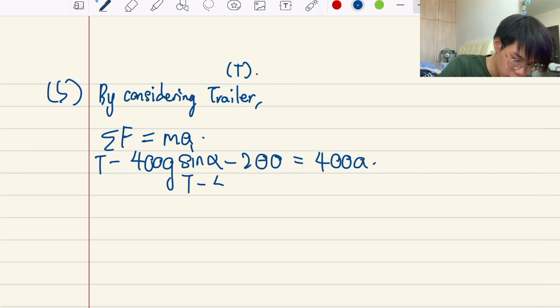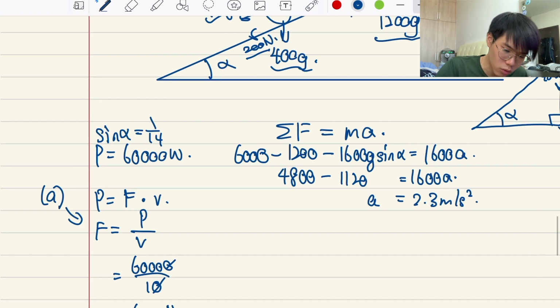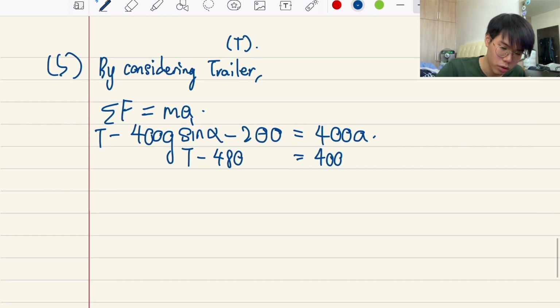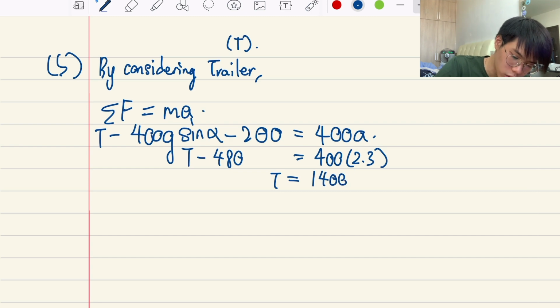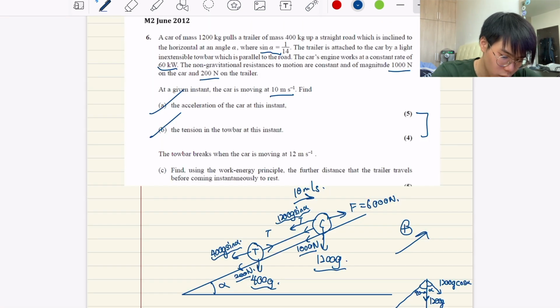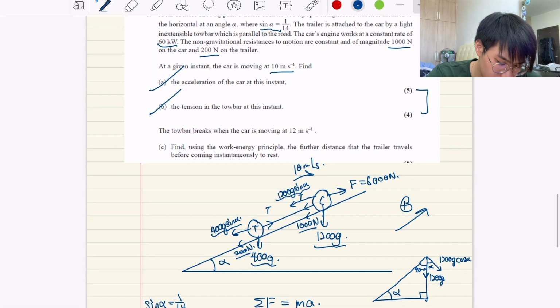So T minus 480 equals 400a. Since we found the acceleration, which is 2.3 meters per second squared, T is equal to 400 times 2.3 plus 480, which is 1400 Newton.